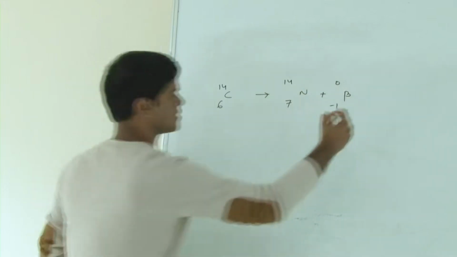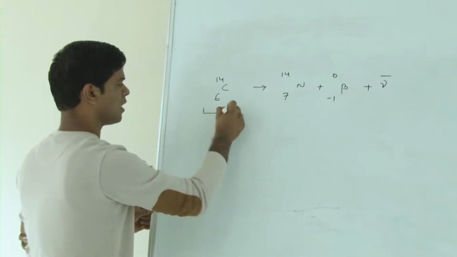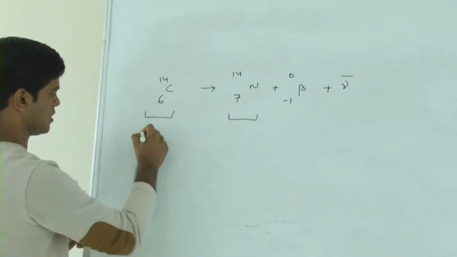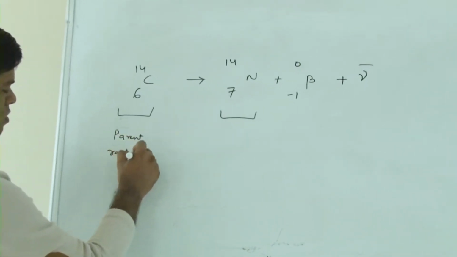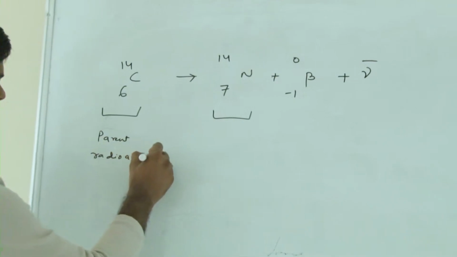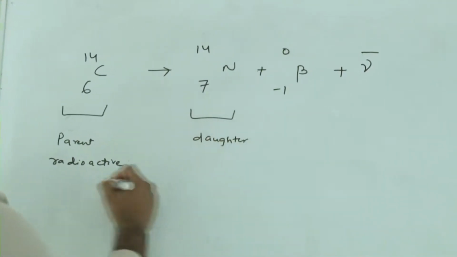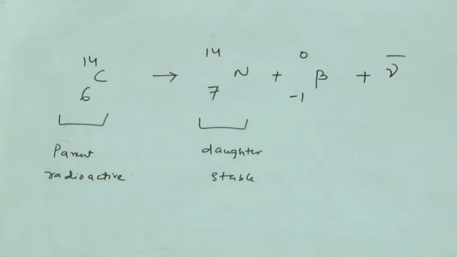So, what happens is, if a parent nuclide, which is radioactive, decays to a daughter product which is, let us say, stable, because we know nitrogen 14 is stable.